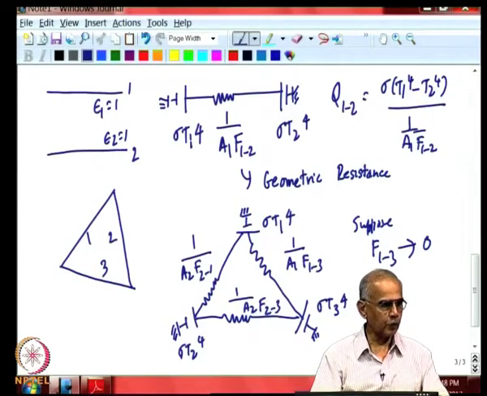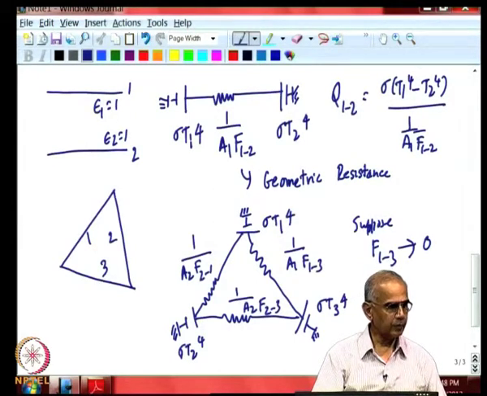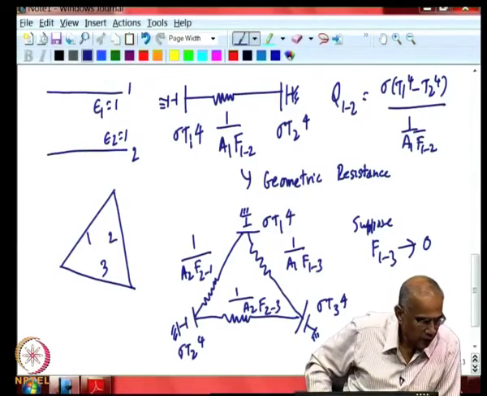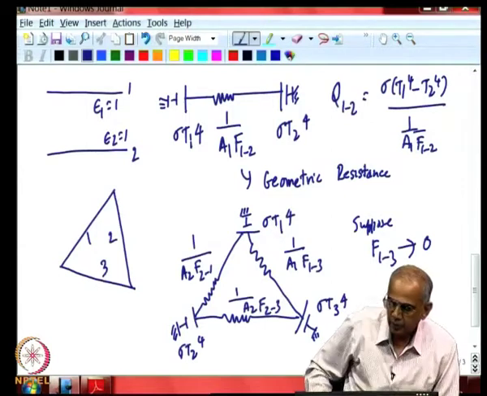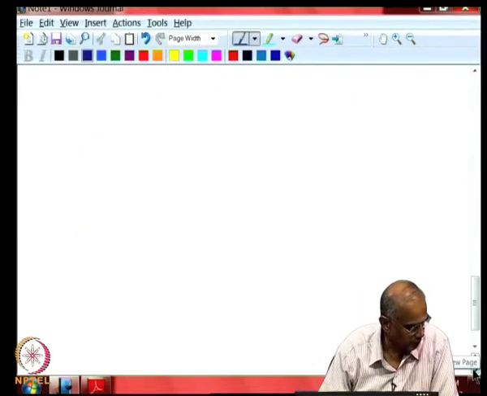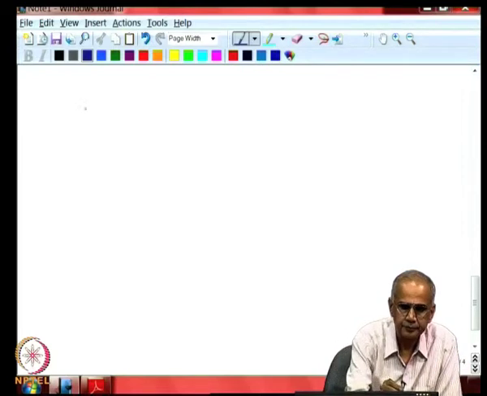So, this was for an enclosure consisting of black surfaces. Now, we move on to something more ambitious and look for radiative transfer between non-black surfaces. Before that, let me just do one example. Imagine a duct.